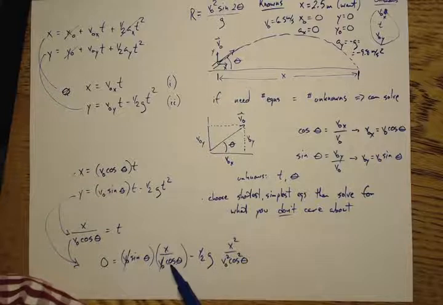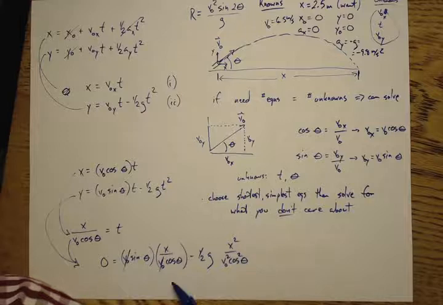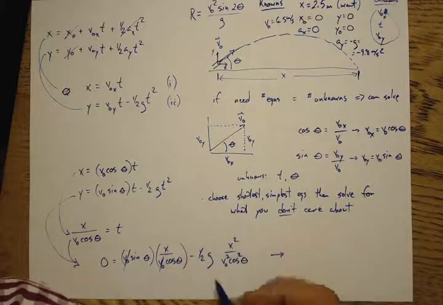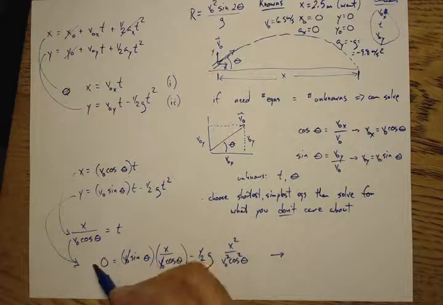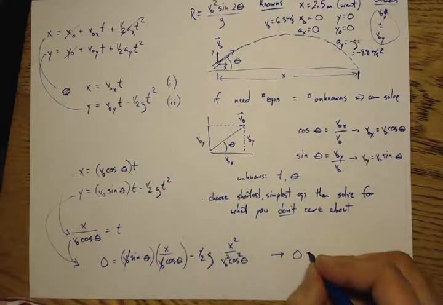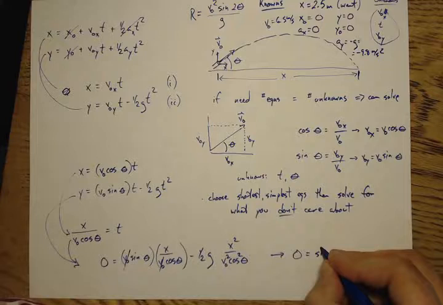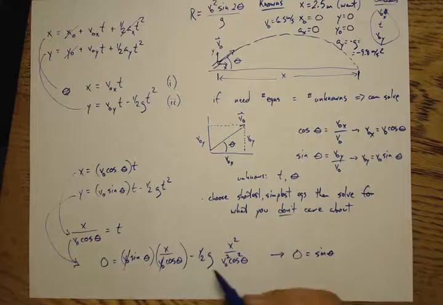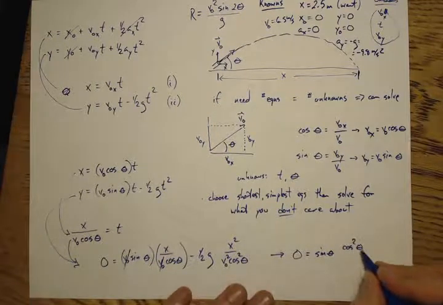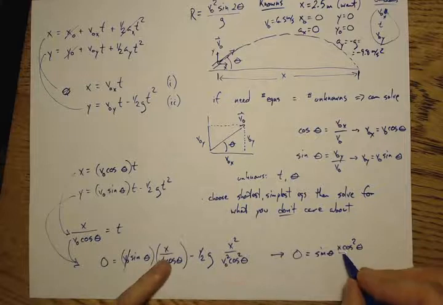I've got 1 cosine theta on the bottom here, and I've got cosine squared theta here. So I'm going to multiply through by cosine squared theta. Cosine squared theta times 0 is 0. We're going to get a sine theta, cosine squared theta, my x, and my cosine theta down here.